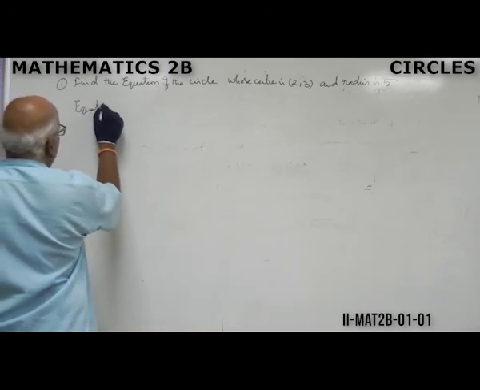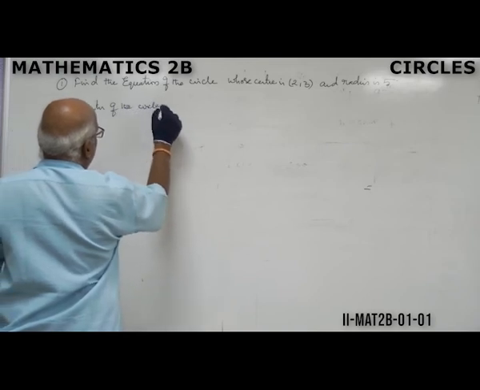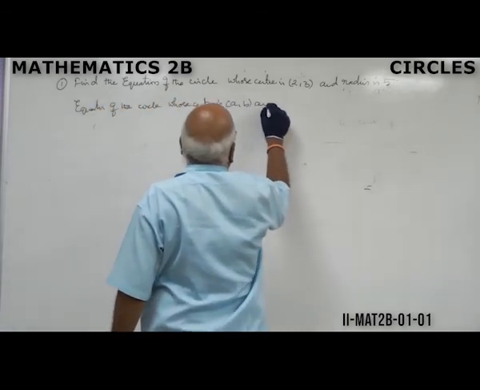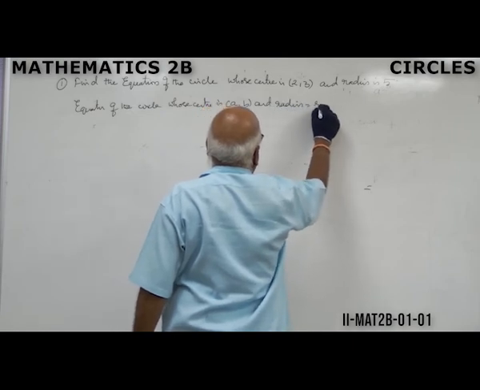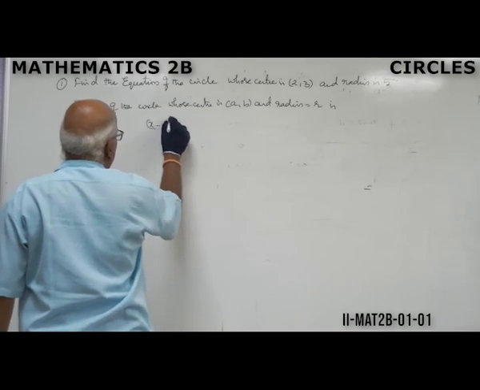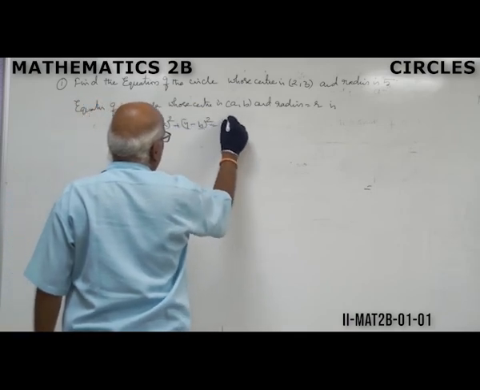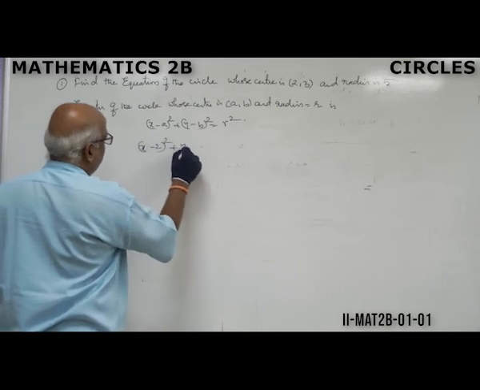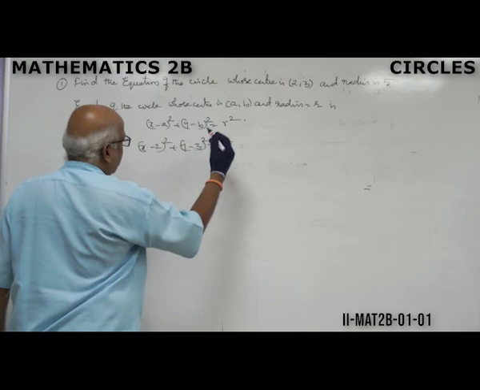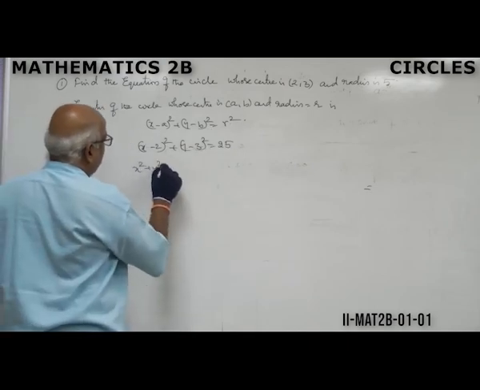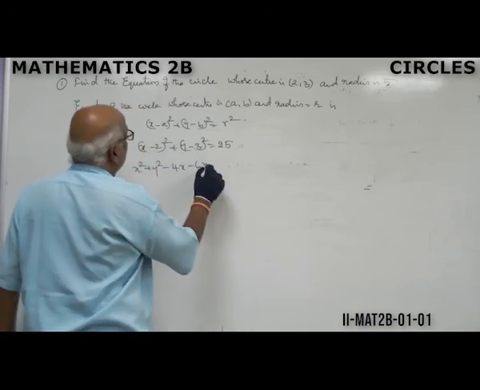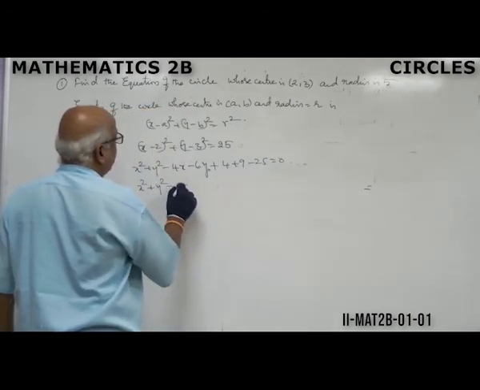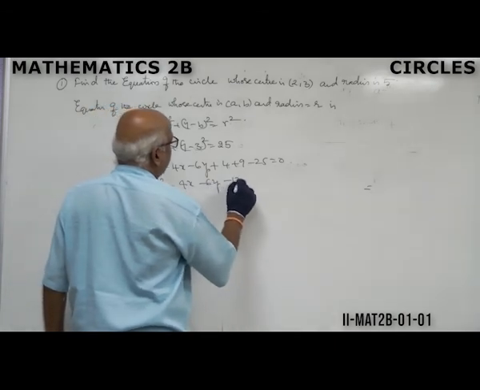The equation of the circle whose center is (a, b) and radius is r is (x minus a) whole square plus (y minus b) whole square equal to r square. a value is 2, b value is 3. (x minus 2) whole square plus (y minus 3) whole square equal to 5 square, 25. x square plus y square minus 4x minus 6y plus 4 plus 9 minus 25 equal to 0. x square plus y square minus 4x minus 6y, 13 minus 25, minus 12 equal to 0.